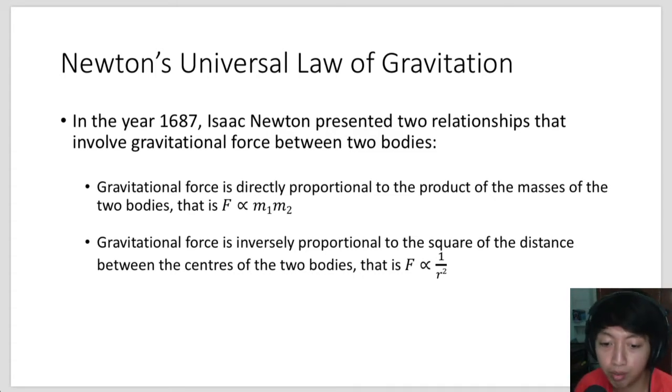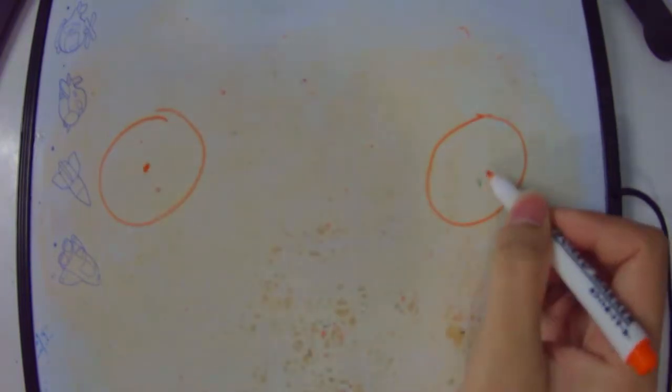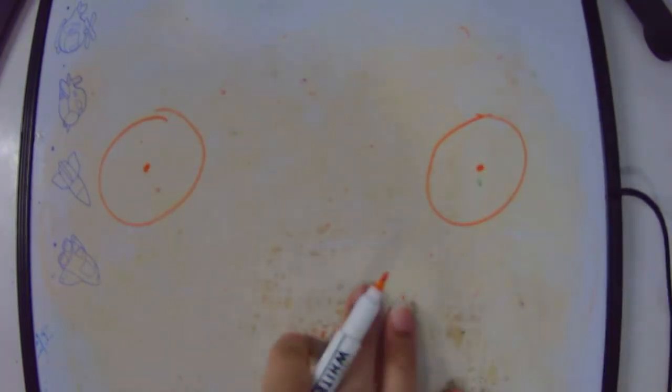So once again, if we go to a whiteboard, let's say we have 2 planets. Now, when we measure the distance between 2 planets, we measure from the center. I keep on saying planet, but it's not necessarily a planet, by the way.